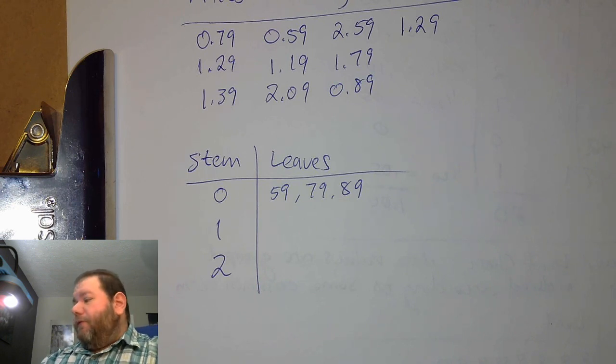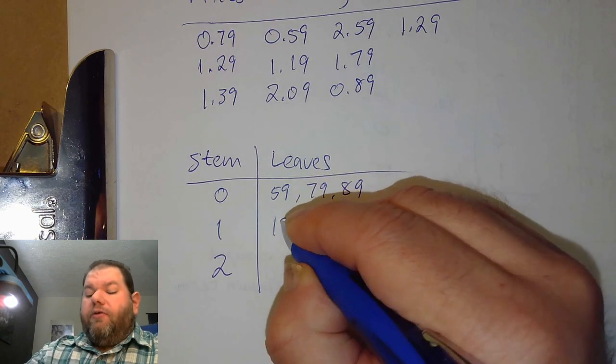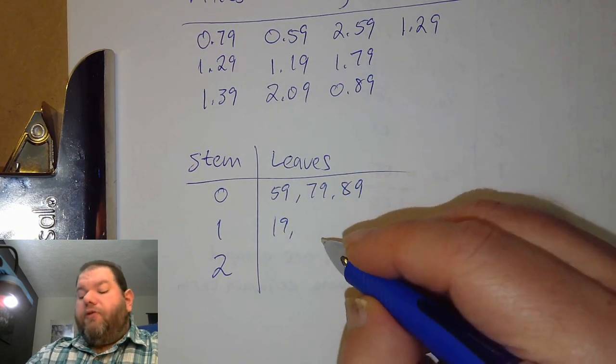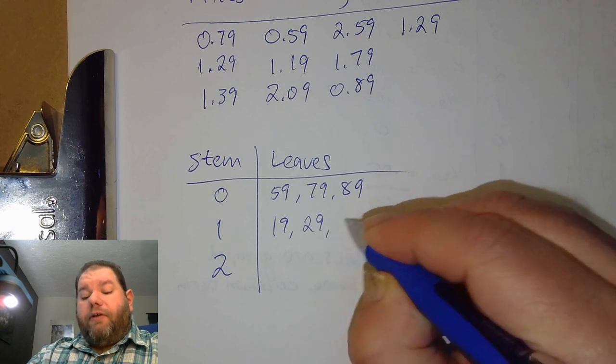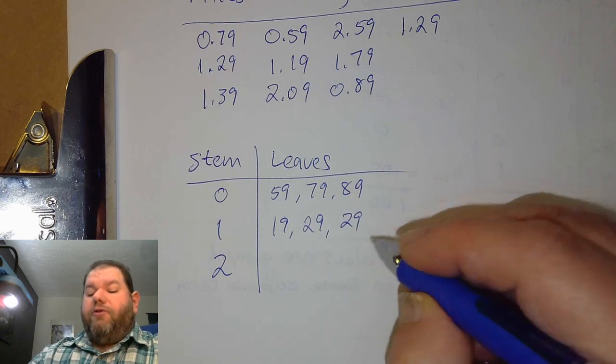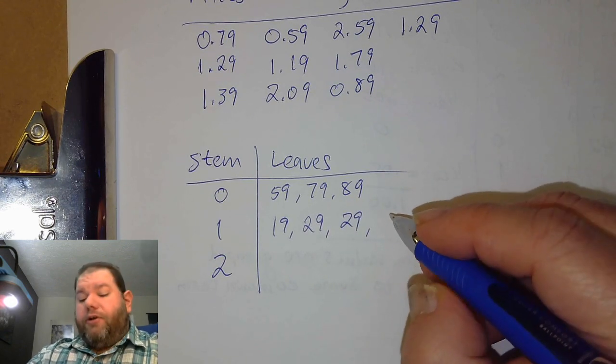Yeah, 19 would be first, but then in order, we have a 29 after that, but in fact we have two 29s, so we have to make sure we write it twice. Good. And then 39 and 79.